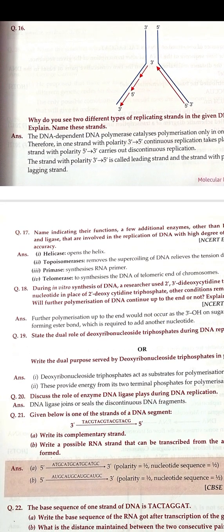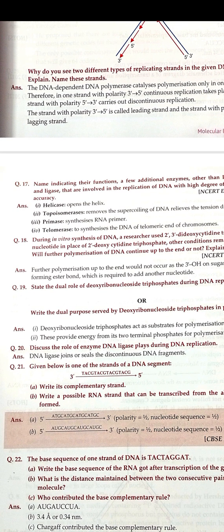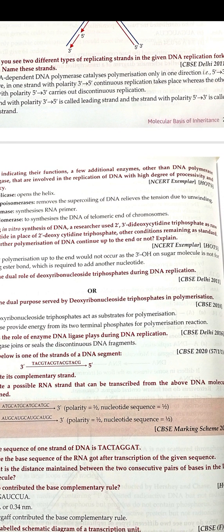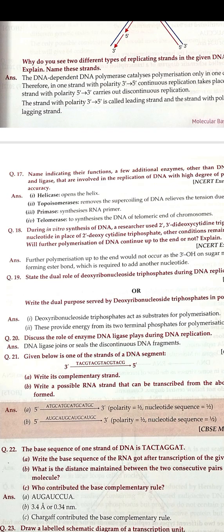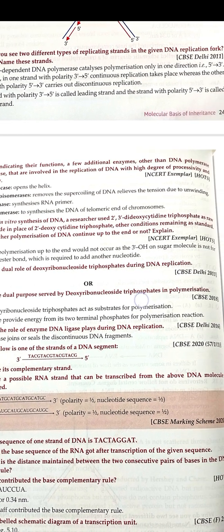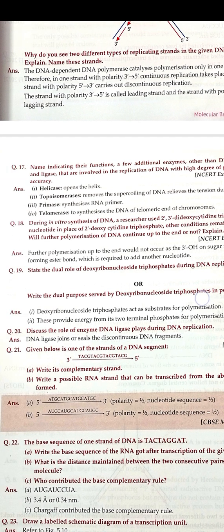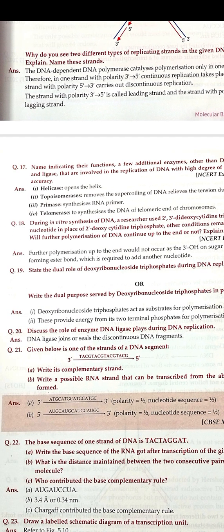Now, question number 17. Name, indicating their functions, a few additional enzymes other than DNA polymerase and ligase that are involved in the replication of DNA with a high degree of processability and accuracy. So here the answer is, first, helicase.